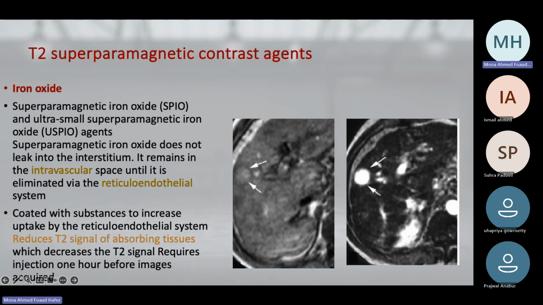This focal lesion of the liver will be brighter than the contrast-uptaking normal liver. Okay, except for focal nodular hyperplasia, which will take up the reticuloendothelial system contrast agent and will look just like the liver.